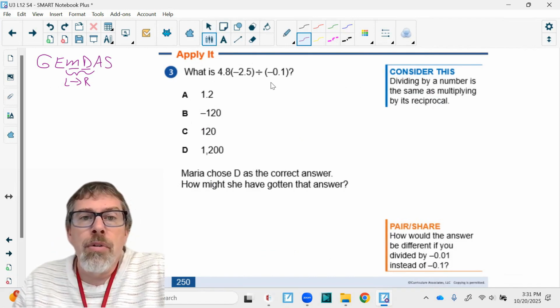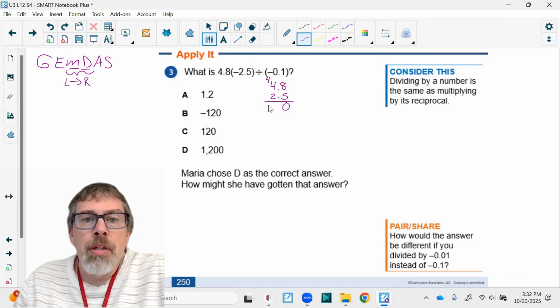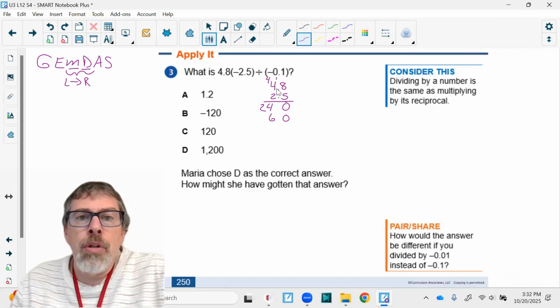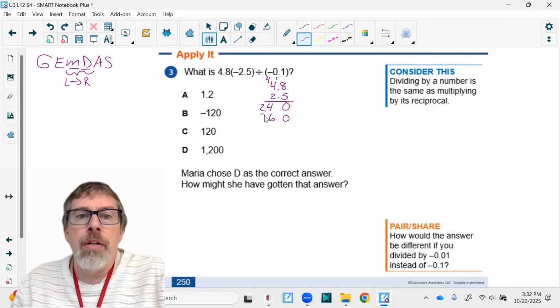So the first thing I'm going to do is take 4.8 times 2.5. 5 times 8 is 40. 5 times 4 is 20, plus that carried 4 is 24. Bring down a 0. 8 times 2 is 16, carry the 1. 4 times 2 is 8, plus 1 is 9. 0 plus 0 is 0. 6 plus 4 is 10.